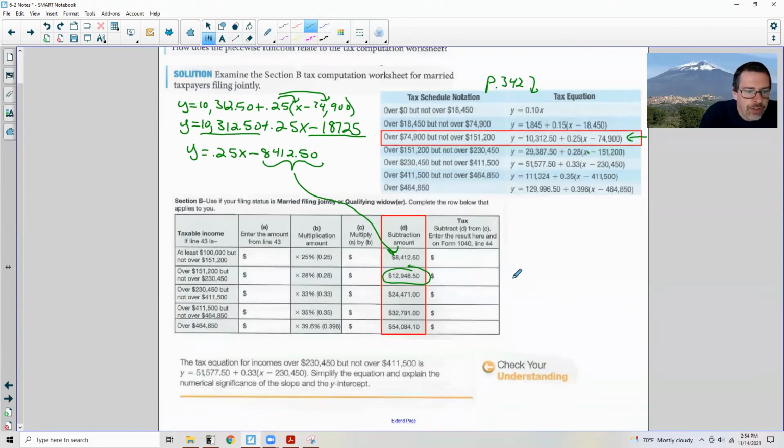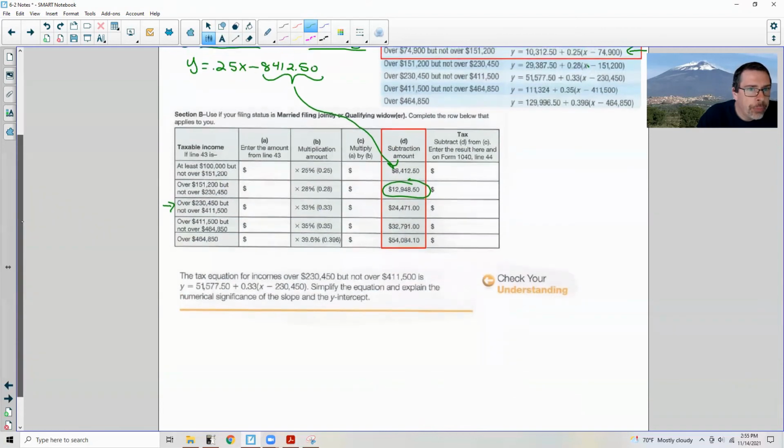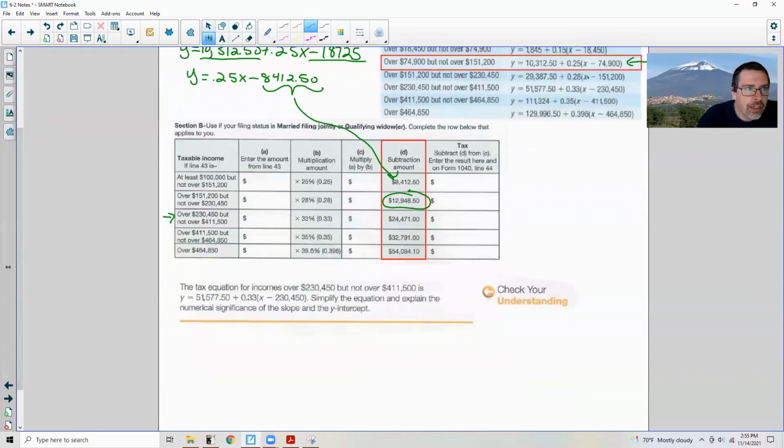So now check your understanding says the tax equation for income over 230,450, but not over 411,500 is this equation right here. So they're taking the line above. So now since we're over 230 but under 411, we're going to go to this row here.